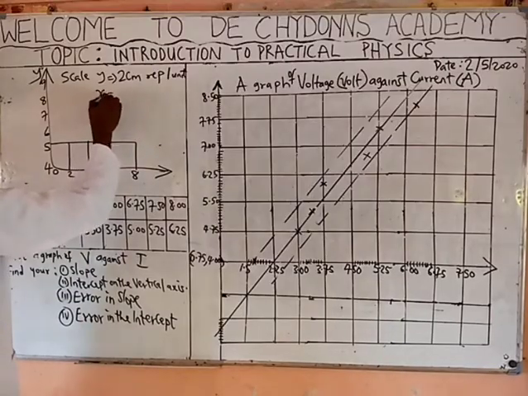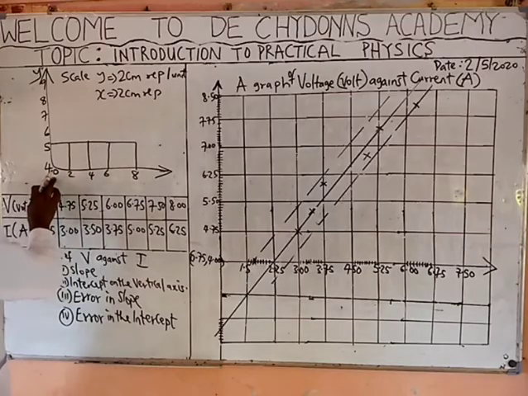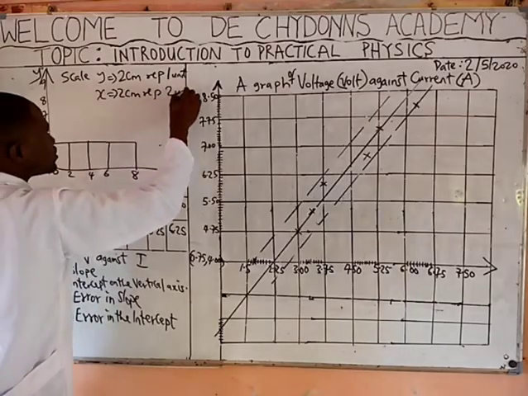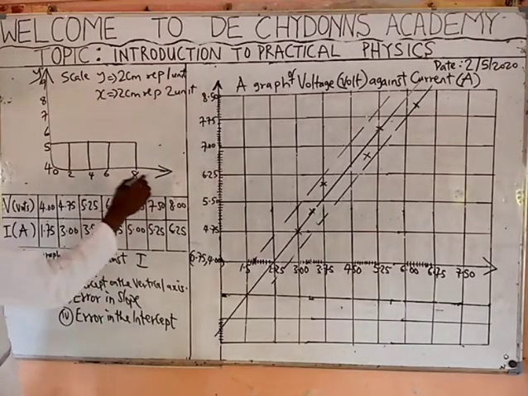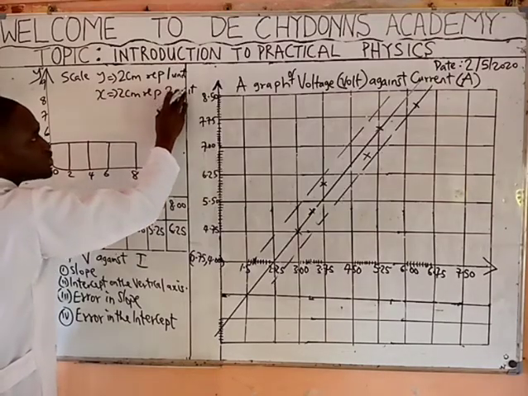You say for your x, 2 cm represents 2 minus 0, 2; 4 minus 2, 2; 6 minus 4, 2, so they are uniform and represent 2 units. Whatever the unit of this x-axis is, make sure you attach the unit.